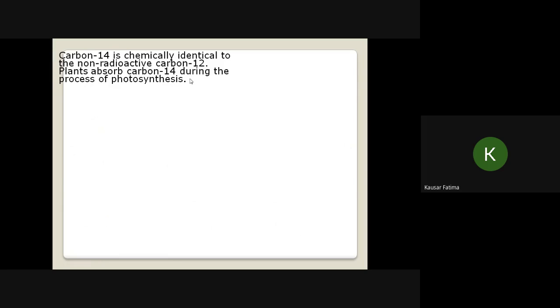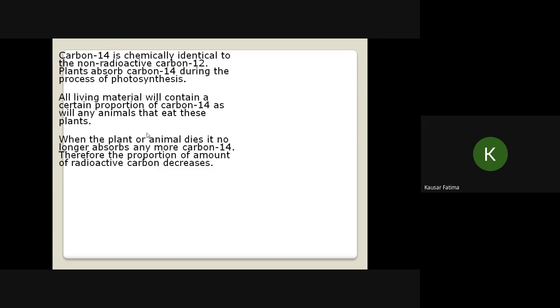Plants absorb carbon-14 during photosynthesis. So all living materials contain a certain proportion of carbon-14, as will any animals that eat these plants. It means from the plants, this goes into the bodies of animals also.